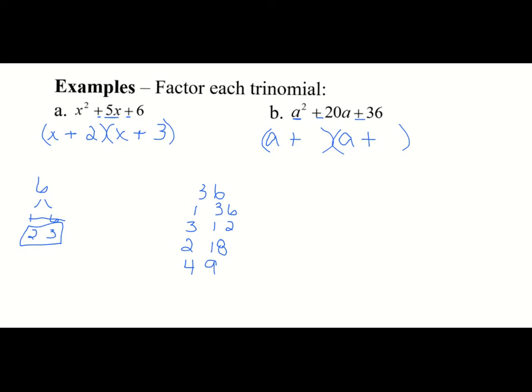And then I believe that is it. Now I need my pairs of factors to add up to 20. So 1 and 36 does not add to 20. 3 and 12 does not. 4 and 9 does not, but 2 plus 18 would give me 20. So 2 and 18. And there we go. That is our factored form.